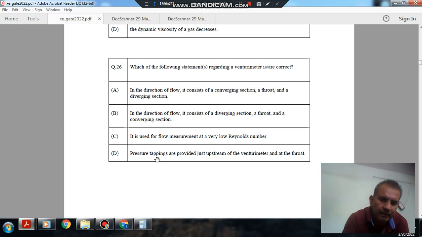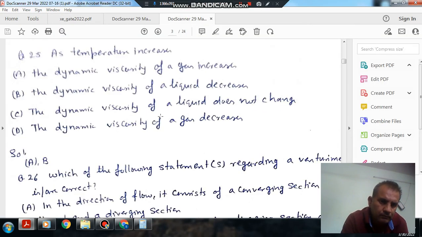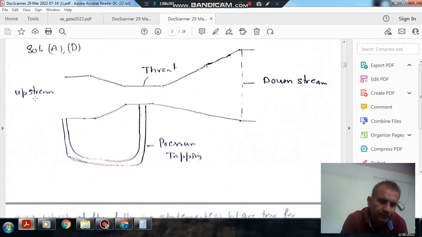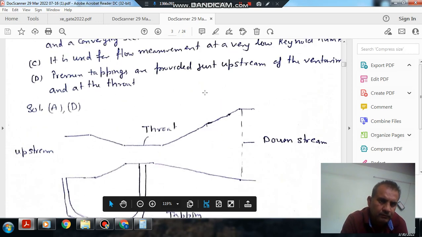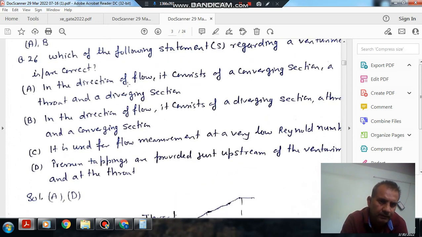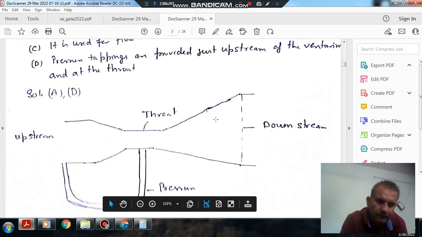Option D, the tappings are provided just upstream of the venturimeter and at the throat. So this is your venturimeter, this is upstream, this is downstream. There are pressure tappings, this is your converging section, this is the throat. So answer is A and D. In the direction of flow, converging section, throat and diverging section, and D, pressure tappings are provided just upstream and at the throat.